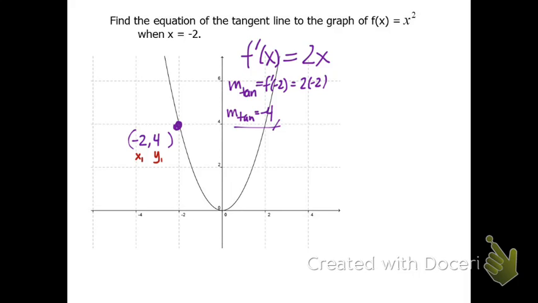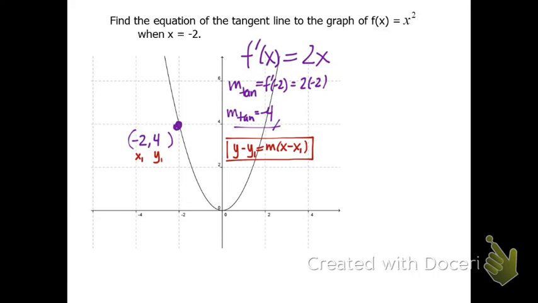I just need the 2 coordinates of my point and my slope, and then I have to use my point slope form of the line, which is this one. Okay, the one that we have been using these last couple of weeks. So I just evaluate this form of the line with the values that I am given.